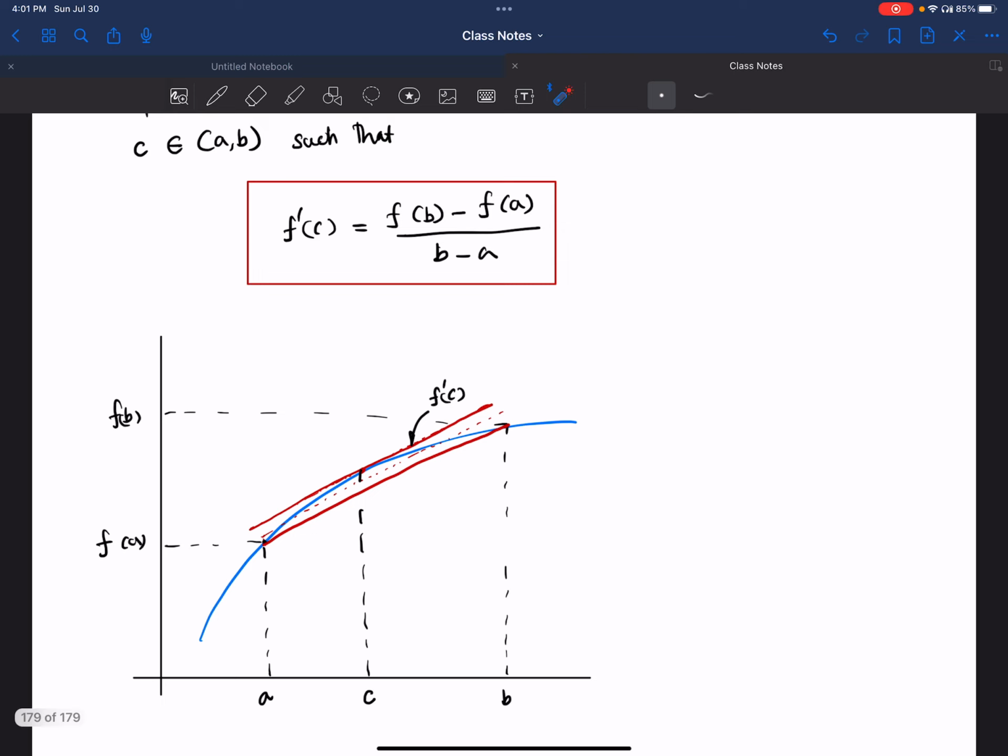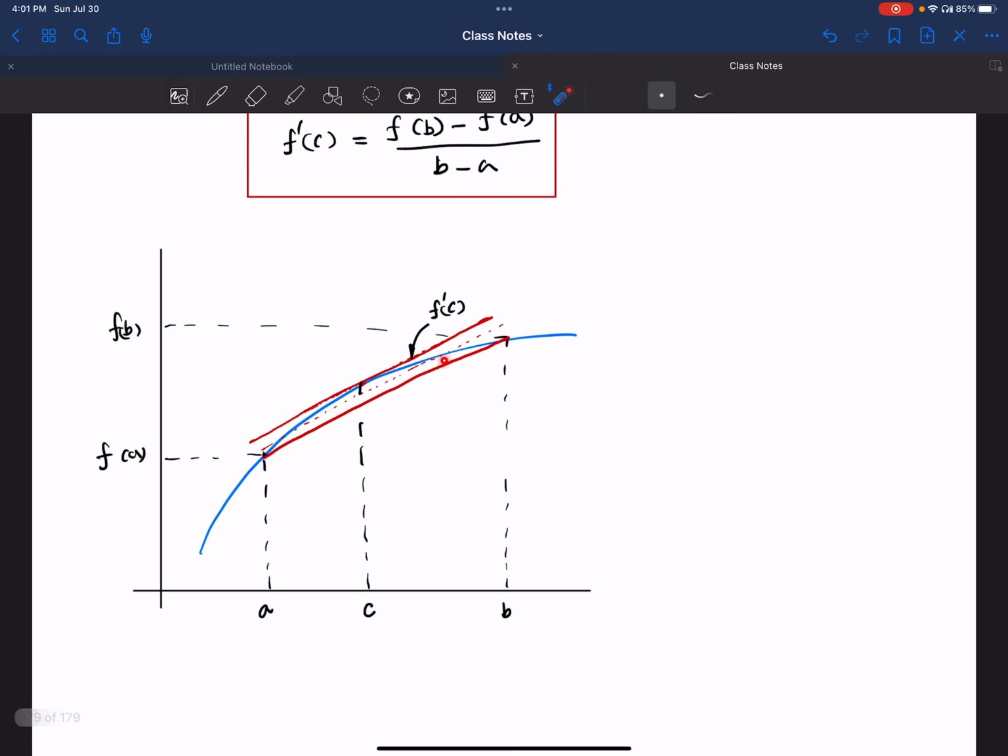So the slope of the secant line is equal to the slope of the tangent line at some point C. That's what the mean value theorem means. You can draw a secant line through two known points, and you can find a tangent to the curve with the same slope. That's called the mean value theorem, and that C is in between A and B.